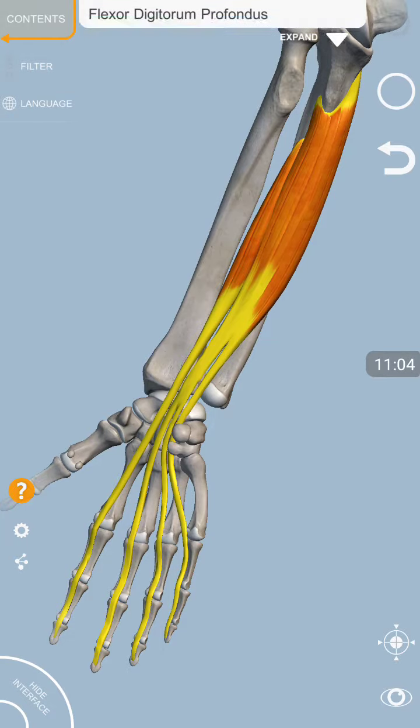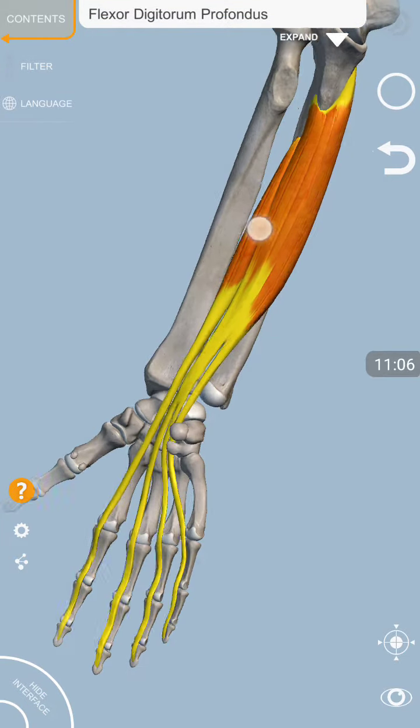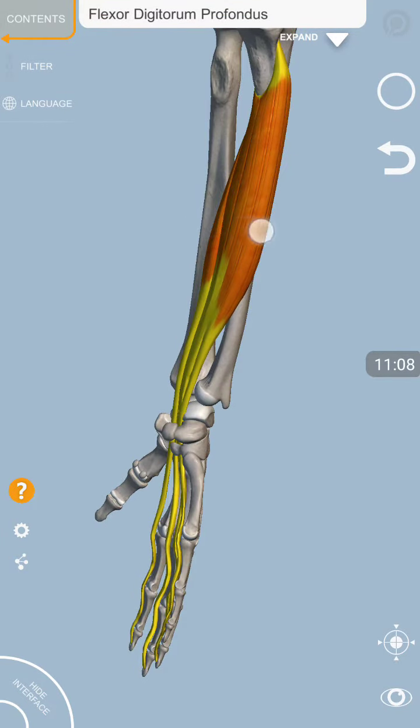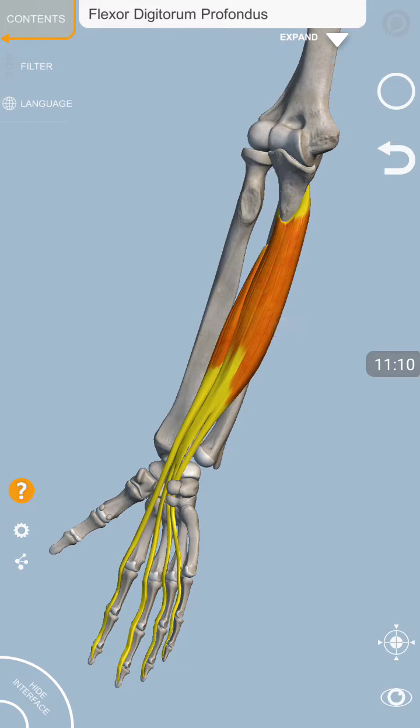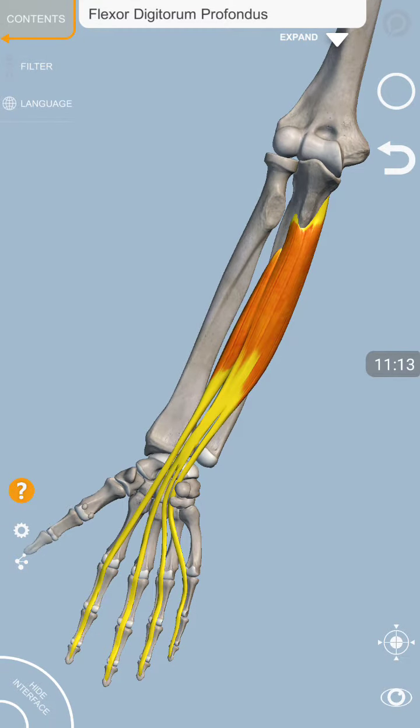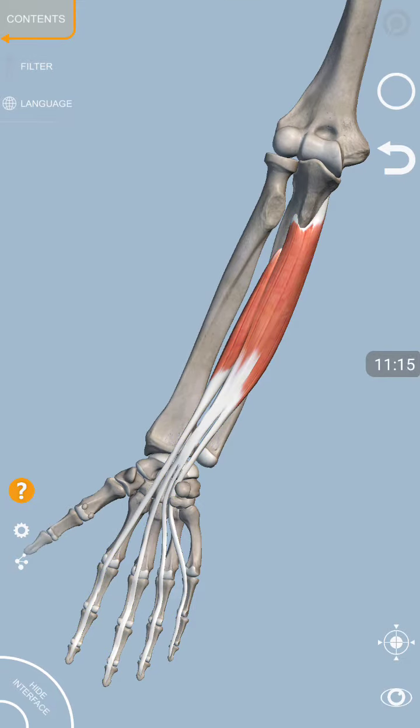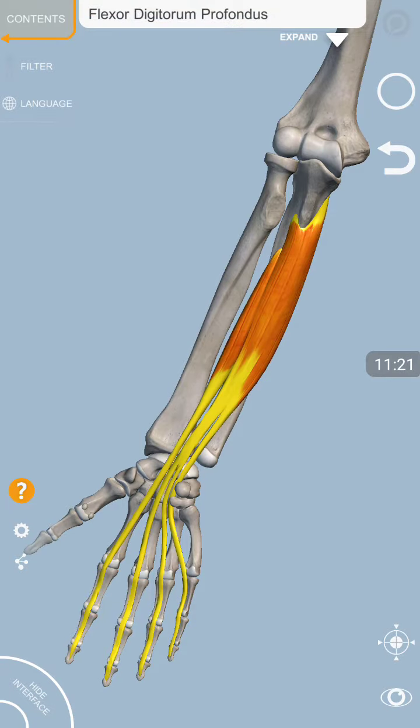So look at this muscle. It is originating from the ulnar side, because it is going toward the four digits of the medial side. It is also originating from the interosseous membrane and from the shaft of the ulna.